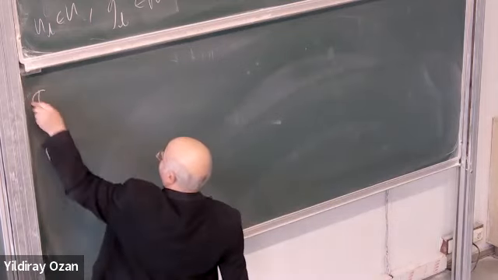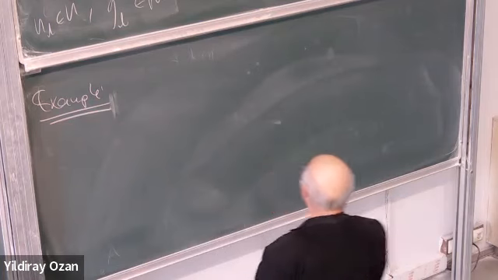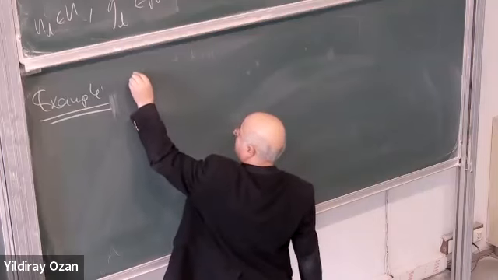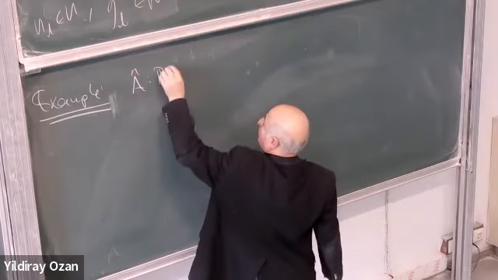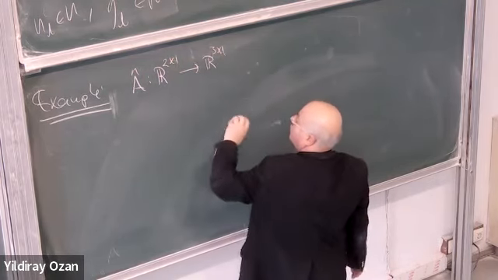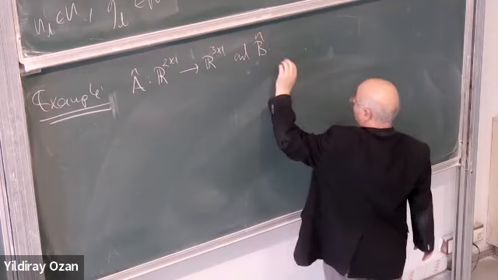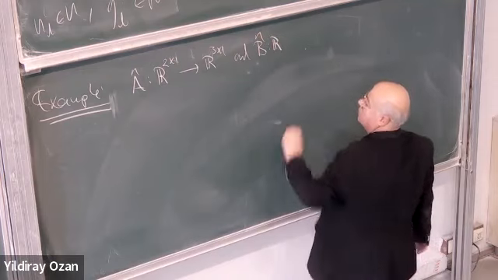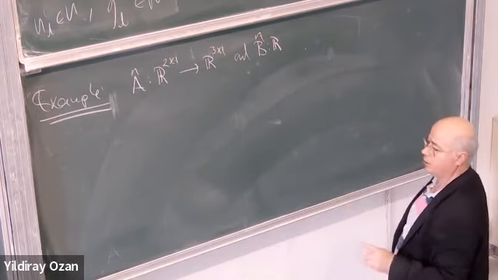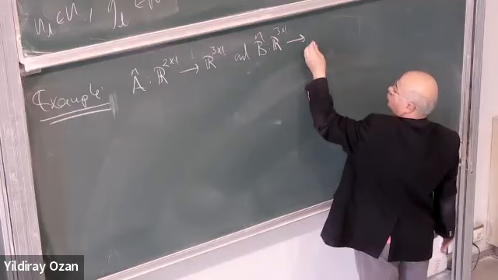Let's do an example. Okay, let's see one example. Let's say A is a map from R2 to R3, and we have a linear map going first with A and then with B. This goes from R3 to R1. Let's say this goes to R1.